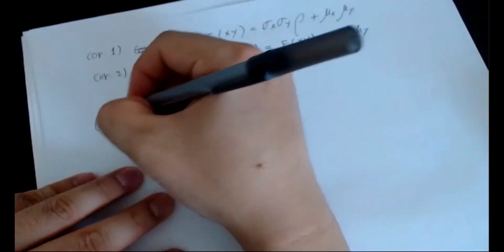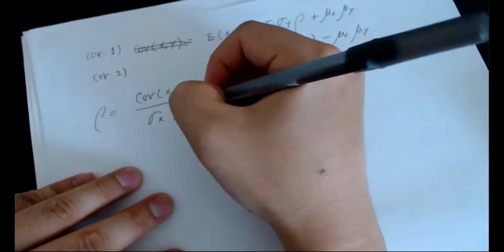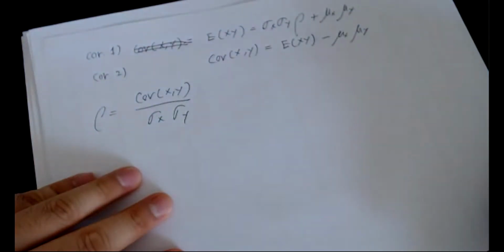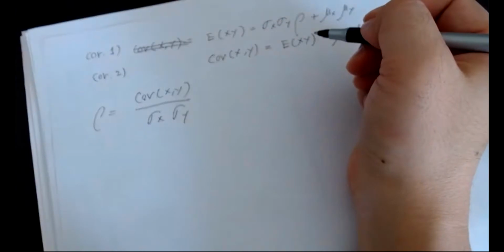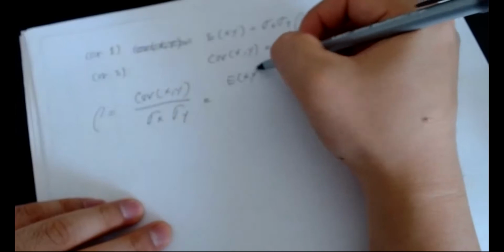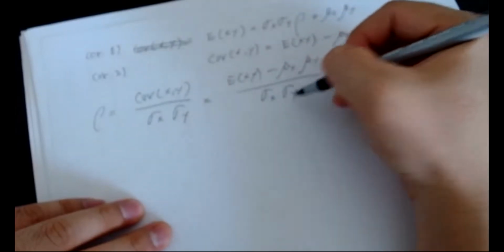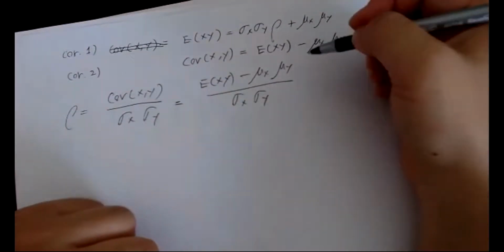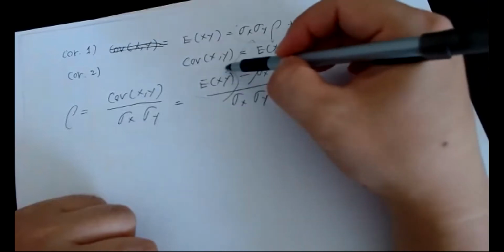Now then, rho is the covariance of X comma Y over sigma x, sigma y, isn't it? Then this is equal to E of XY minus mu x, mu y over sigma x, sigma y, right? Now E of XY we can plug in from this one right here.